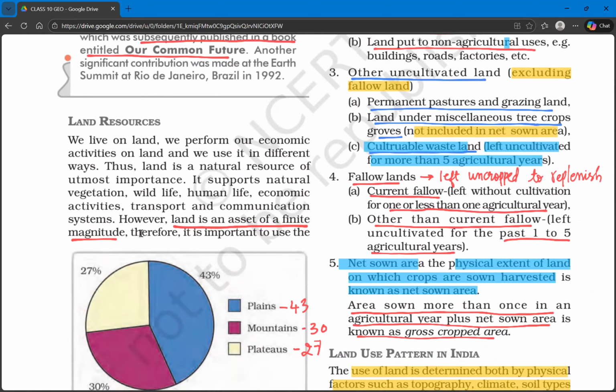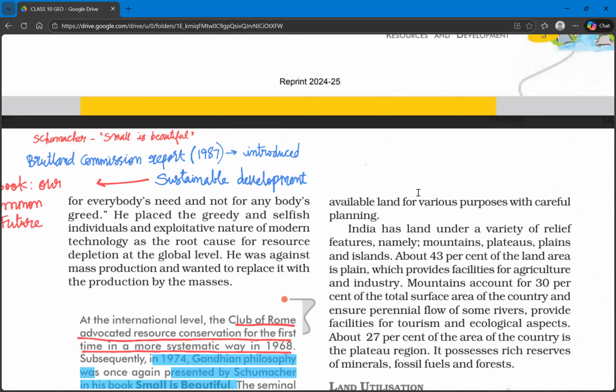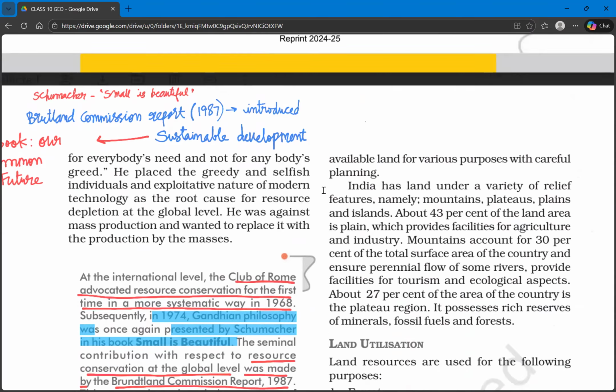However, land is an asset of a finite magnitude. So it's not renewable. It has some limitations. Therefore, it is important to use the available land for various purposes with careful planning. As it is limited, we should use it carefully for our various purposes.